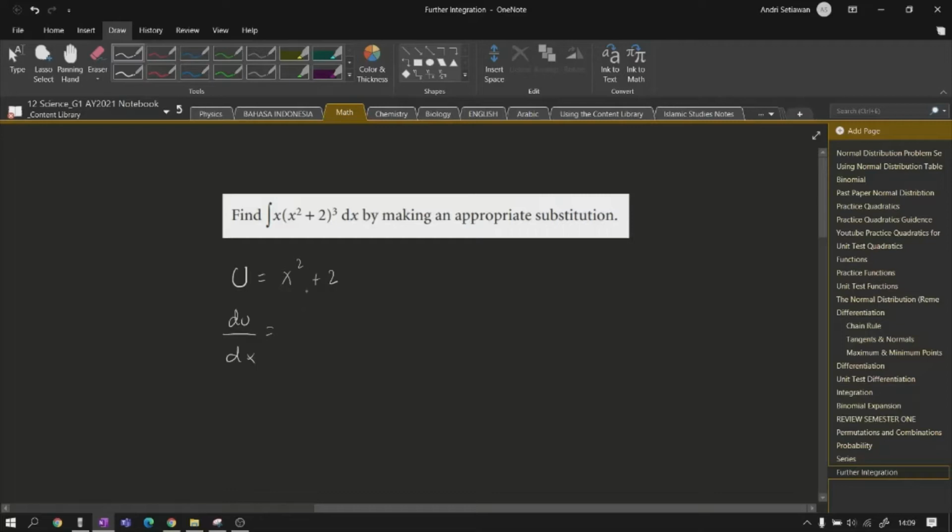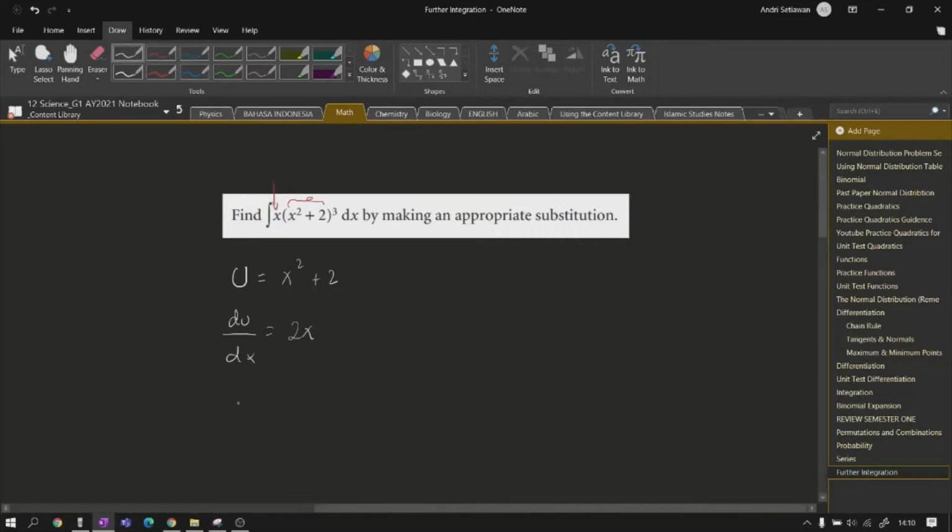So we get 2x and the derivative of 2 is 0. We don't have to rewrite 0 in this case. So we get the first derivative of u. After we get the first derivative of u, let's take a look at the other variable outside the bracket. This is the variable inside the bracket, and this is the variable outside the bracket.